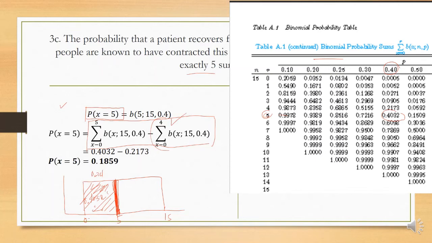So, basically, kapag meron kayong exactly, ang gagawin ninyo ay i-read yung 5 at i-minus yung kasunod na mas maliit. So, from here, the table, it gives us 0.2173 and 0.859 or 18.59% that we will get exactly 5 na magso-survive.